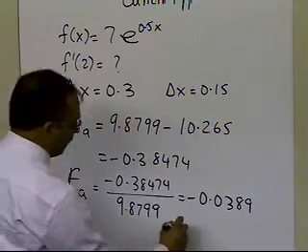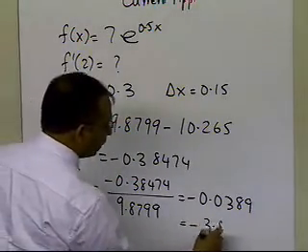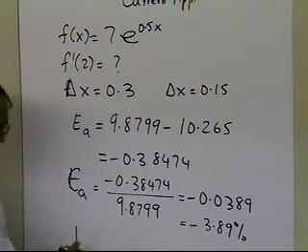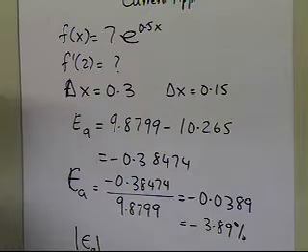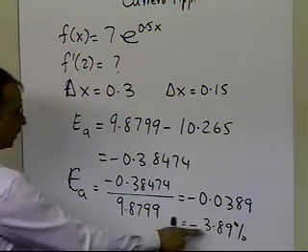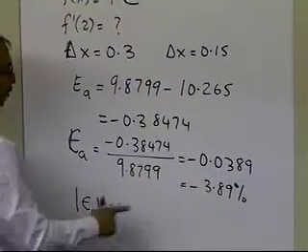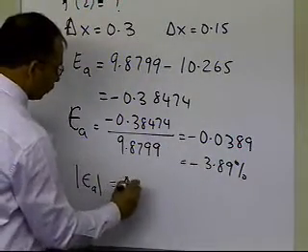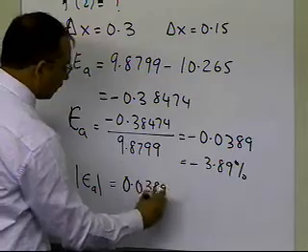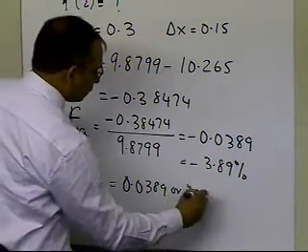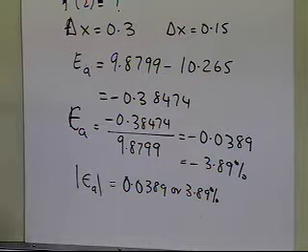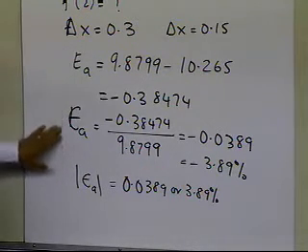And some people will write it as a percentage, so it will be minus 3.89%. Some people also are interested in the absolute relative approximate error, so that will be just the positive of that, or the absolute value of that, which will be 0.0389 or 3.89%. So this is the relative approximate error which you're getting for this case.